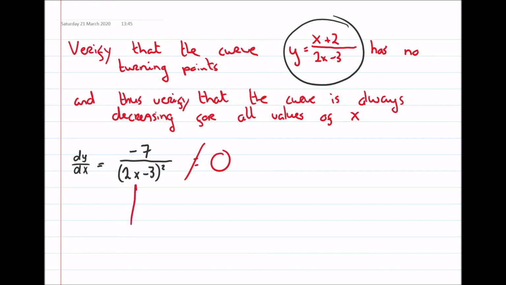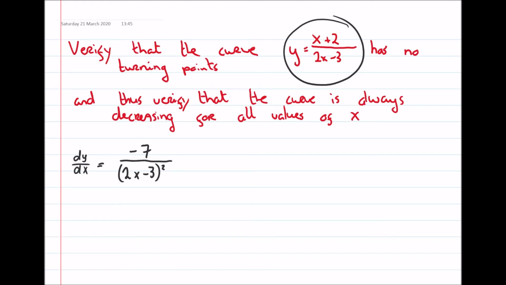If the denominator is 0, the fraction blows up. It's discontinuous. So there is no number I can put in here that will make my numerator 0, because the numerator is always going to be minus 7.